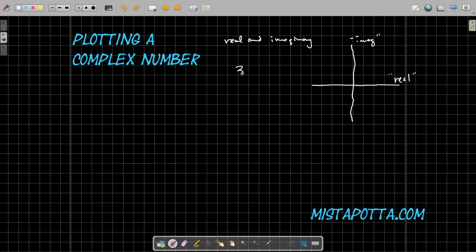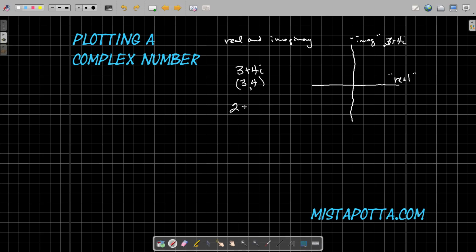So if I have a number like 3 plus 4i, since my real component is 3 and my imaginary component is 4, that really means that my x component is 3 and my y component is 4, and it's going to look an awful lot like the point 3, 4. So this would be an example of 3 plus 4i.